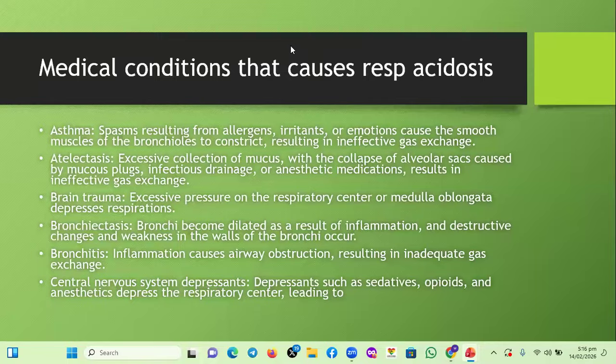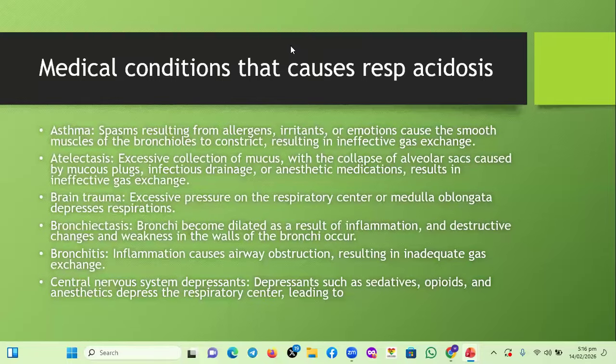In asthma, the bronchioles get constricted, and as a result, gaseous exchange is not able to occur. So the person retains more carbon dioxide. I said that when the body retains more carbon dioxide, the blood becomes acidic. So asthma, then we have lung collapse.